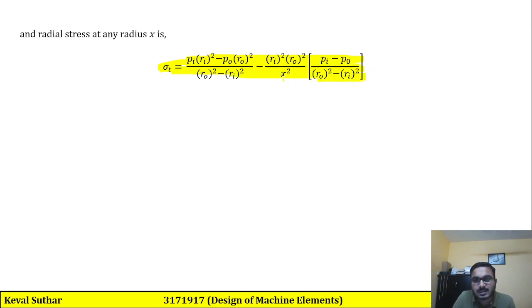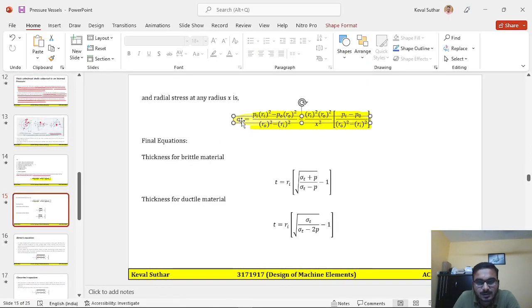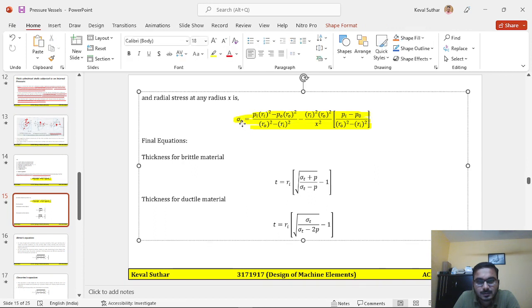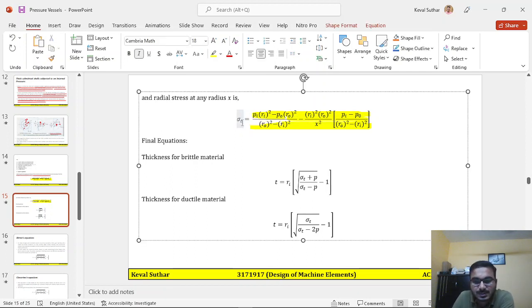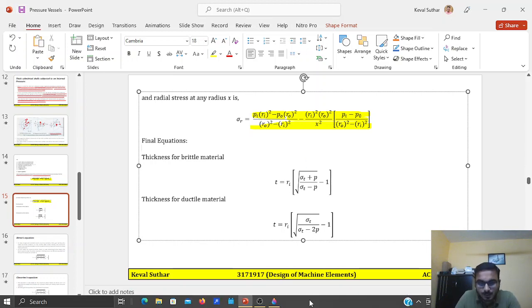There is one correction that I need to make in the slide: here it is sigma R. That's it. Now we will continue with these two equations on our whiteboard.